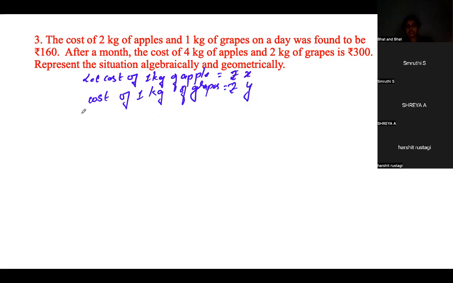Now what is the condition given? So they have told that 4 kg of apple. No, not 4 kg. 2 kg of apple.